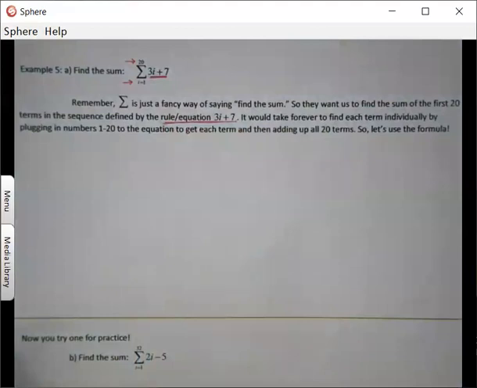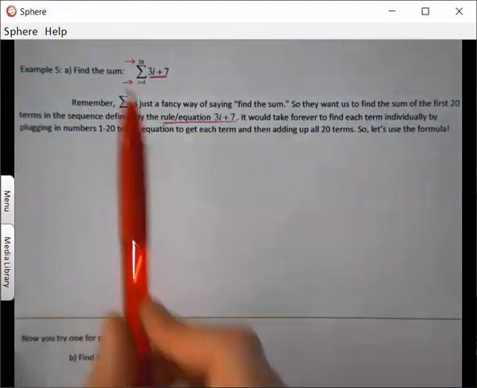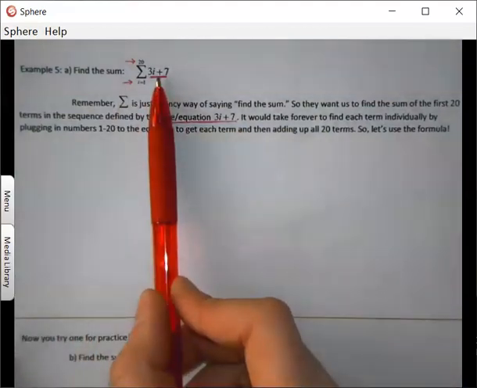Okay, let's use what we're given to find the sum of the first 20 terms for this sequence.